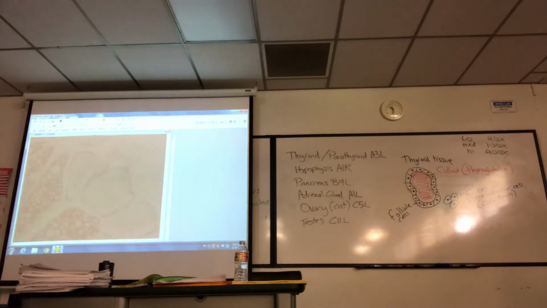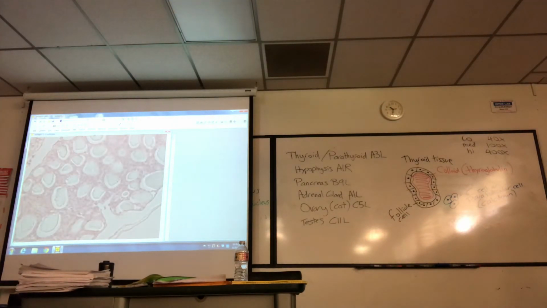Medium magnification is 100. Let's go to 400. See the colloid? I color it red.